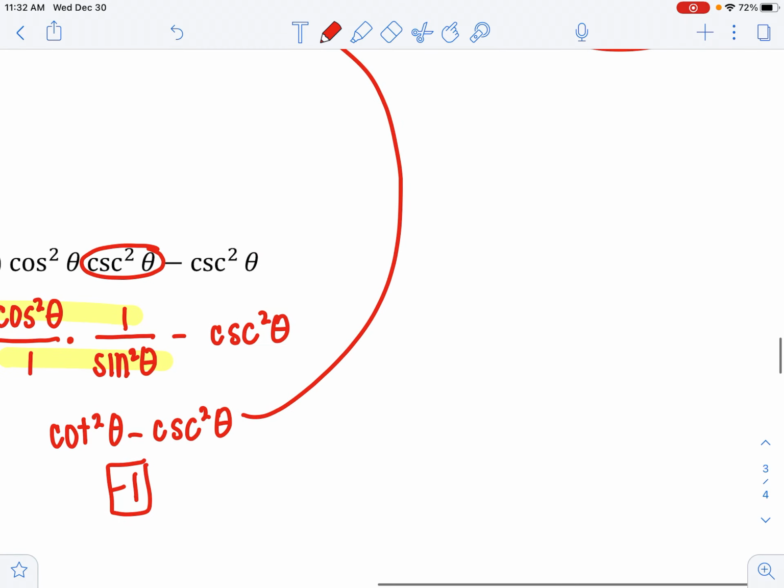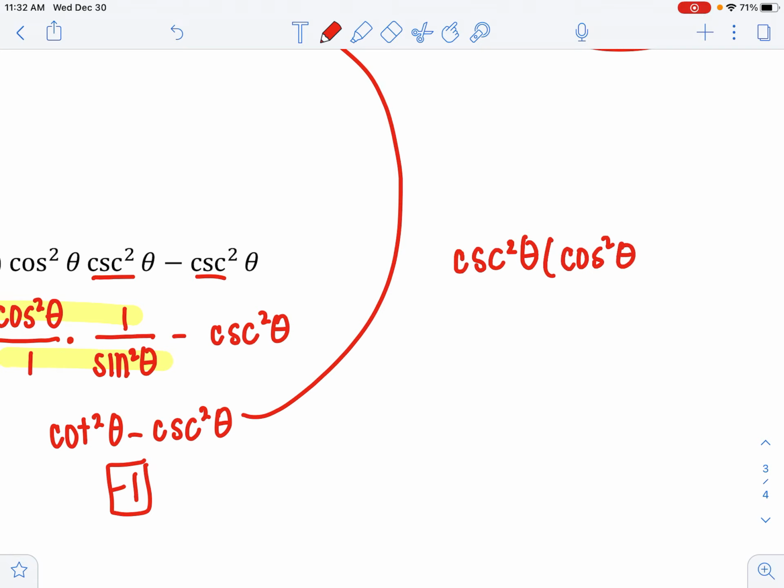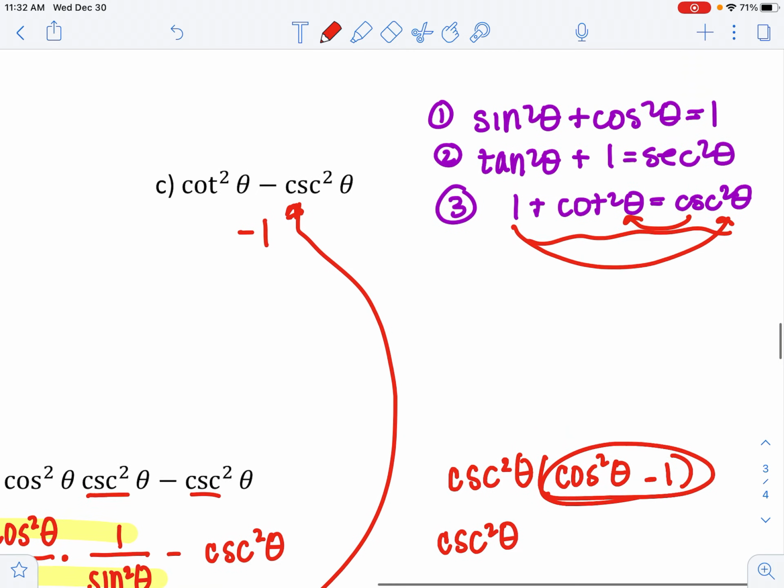Now, if you look at my notes, I have this a completely different way. There's another way of doing this. So the way I did it in my notes is I say, oh, they have a cosecant in common. I'm going to factor it out. So I factored out the cosecant squared of theta, and then I was left with cosine squared of theta minus 1. And then what can I change cosine squared minus 1 to?